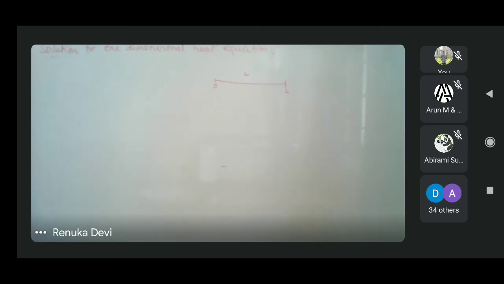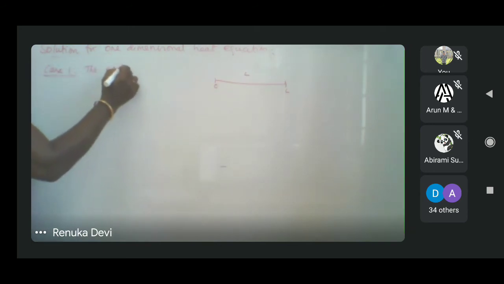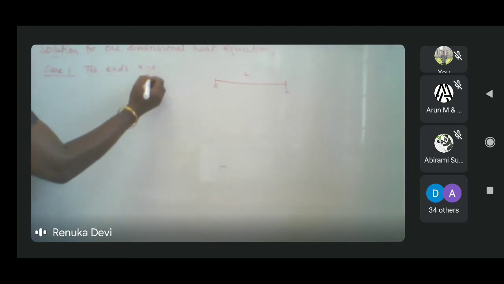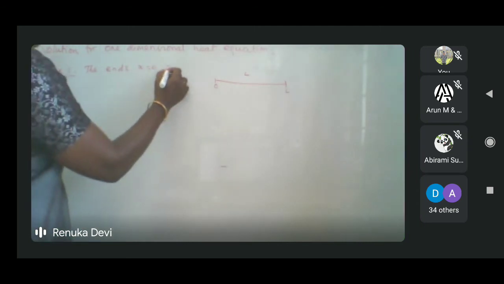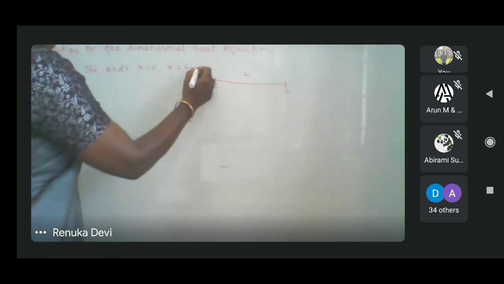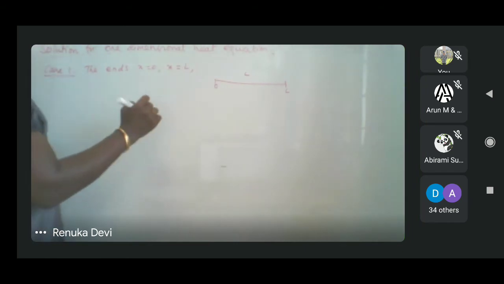This is case 1. In case 1, I have assumed that the ends x equal to 0 and x equal to L. What is L? L is the length of the bar.